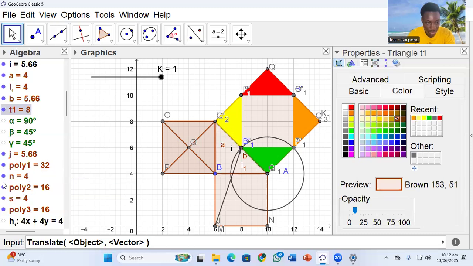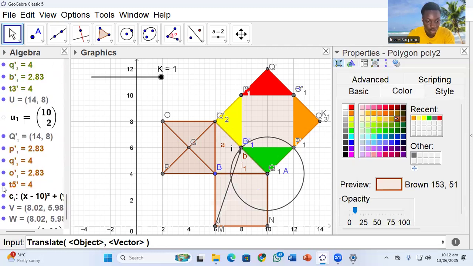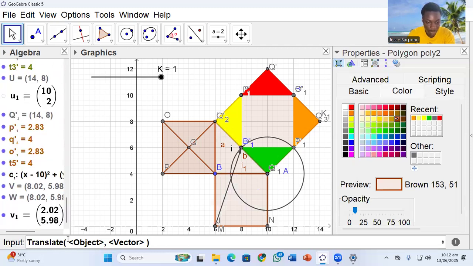So let me check the poly 2. So we can see that the square is poly 2. We type poly 2 with our vector V subscript 1. I enter it. This is what I have.